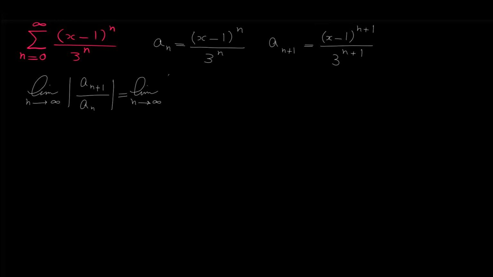Limit as n approaches infinity of a sub n plus 1 in the numerator, so (x minus 1) to the power of n plus 1 over 3 to the power of n plus 1, all over (x minus 1) to the power of n over 3 to the power of n.